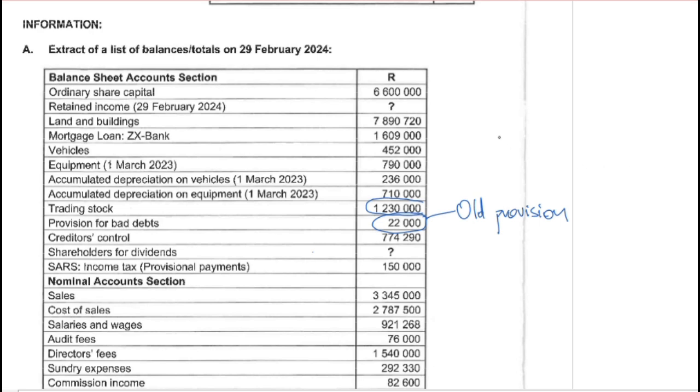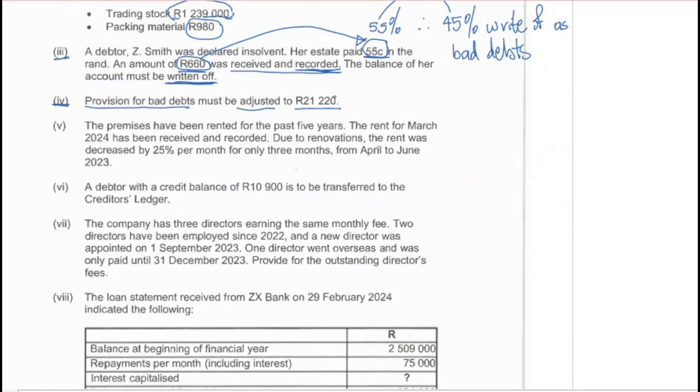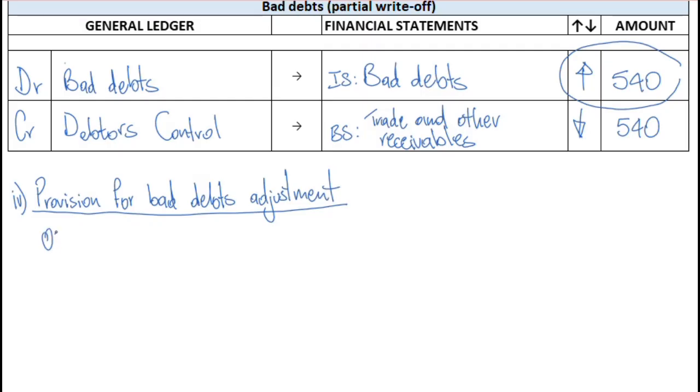That means in the previous financial year, the company estimated that 22,000 rands worth of debtors were going to be written off as bad debts. The revised provision for bad debts of 21,200 rands means that in this financial year, the company estimates that 21,200 rands worth of our current trade debtors will have to be written off in future.